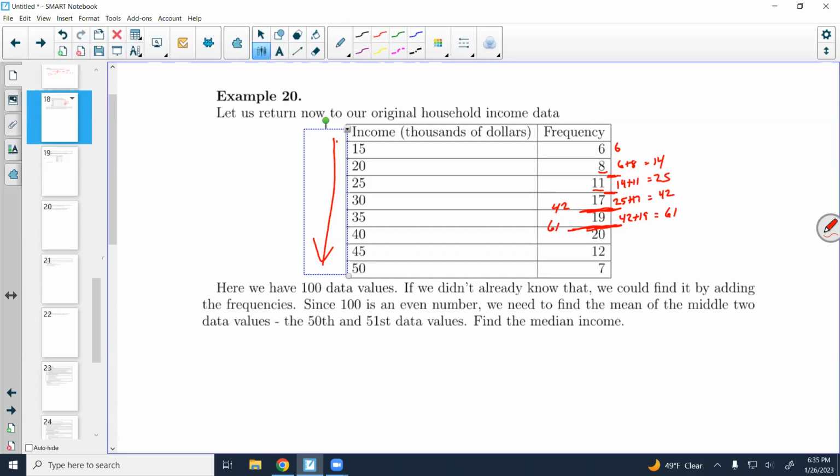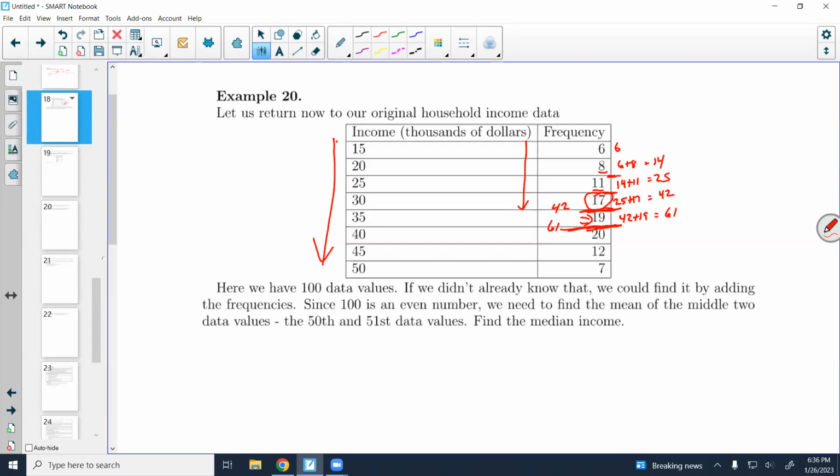So what is the value for the 50th data point? Now, if the 42nd one is in here, and this goes all the way to the 61st, isn't the 50th value in here? This is the 43rd, 44th, 45th, and so forth. To this point, I have 42 data points, up to the 42nd point.